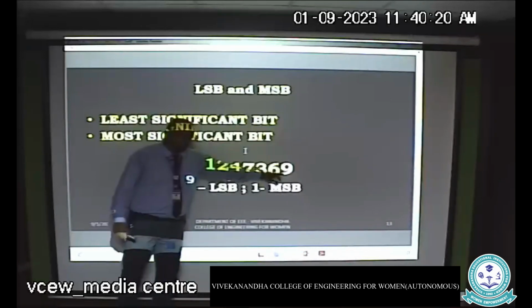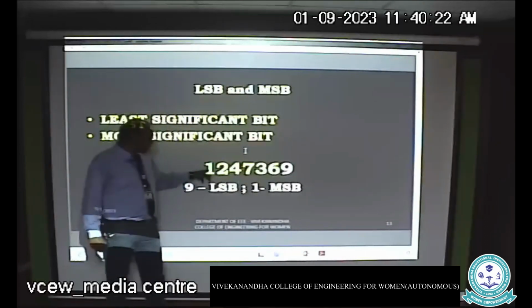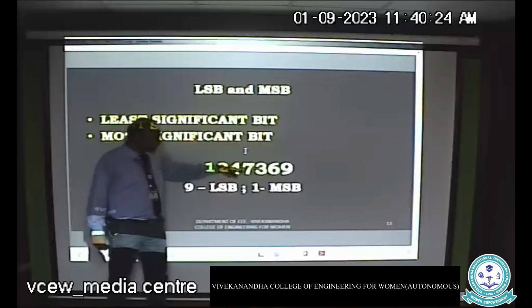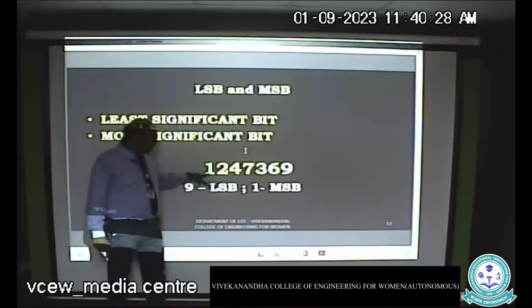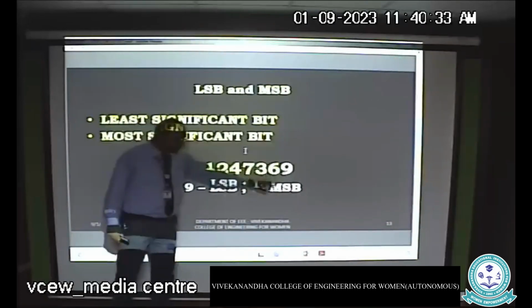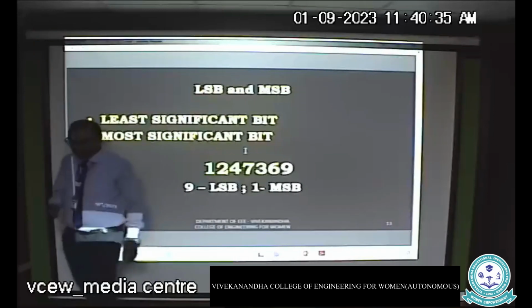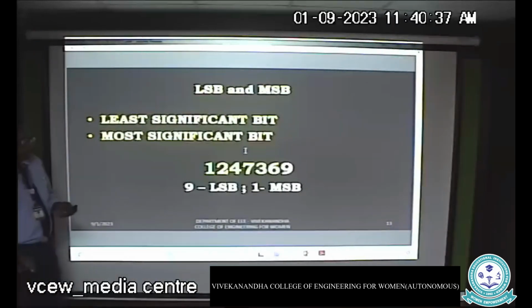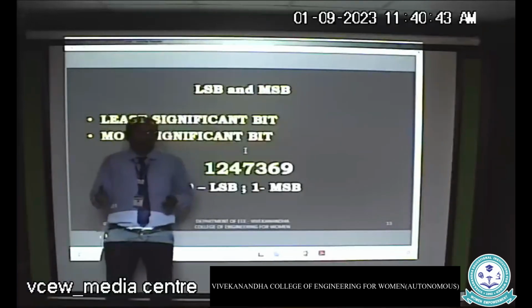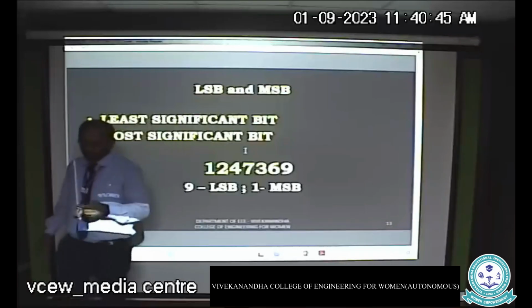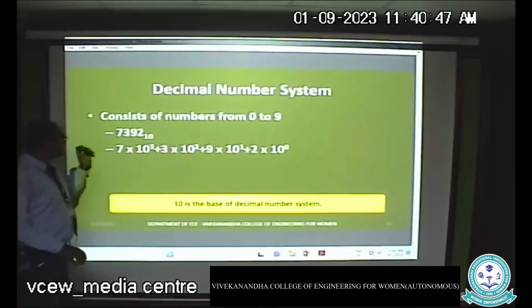And the 1 in the 10 lakh position, we call it MSB. So MSB and LSB look so simple, but their impact in converting from one number system to the other is very, very huge. So we can start with the decimal number system.